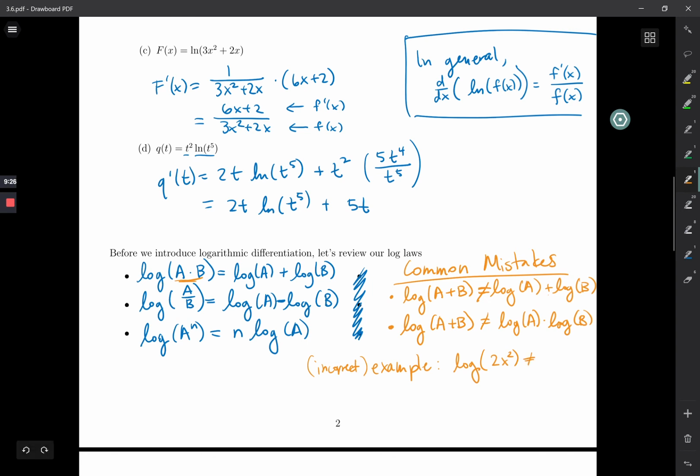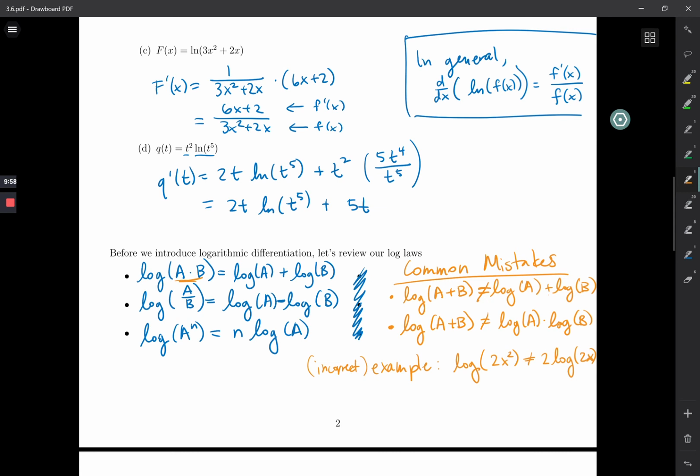So this is not equal to 2 log 2x, right? And the reason is that when we have this exponent here and we apply this log law, this exponent is on the entire inside of the log, so on that entire thing, a.